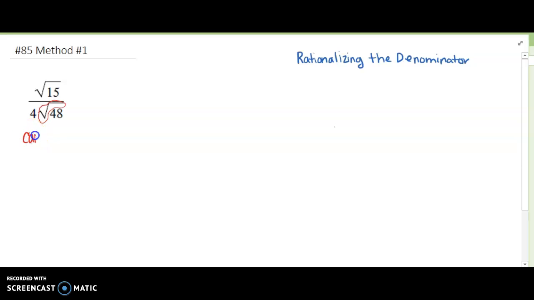So we can't have a square root in the denominator. And if you don't remember, the denominator is the bottom of the fraction. So we have to take this and get rid of it.